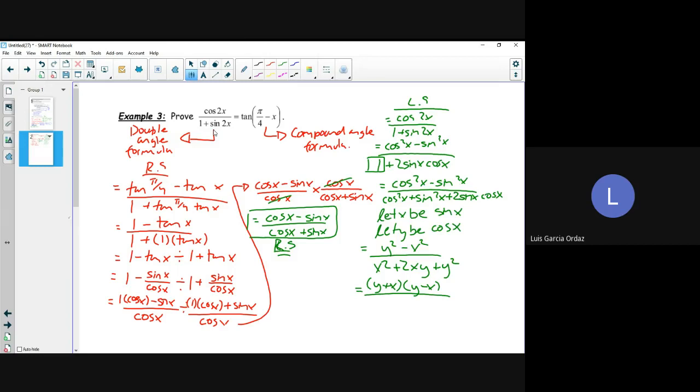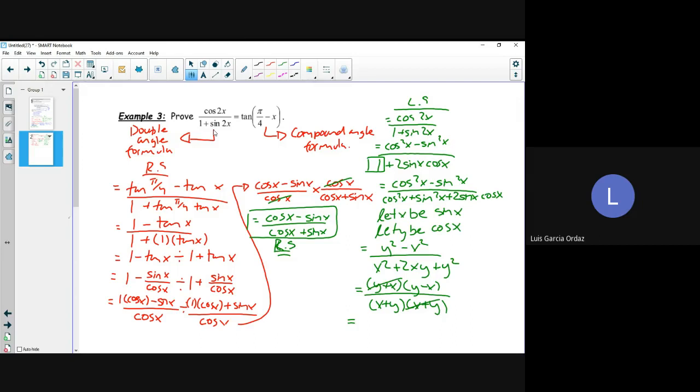So we get x plus y and x plus y for both. Is there anything that can cancel out? The y plus x and the x plus y cancel out, because they're both positive, you can rearrange it in both ways. And what we're left with is y minus x over x plus y.